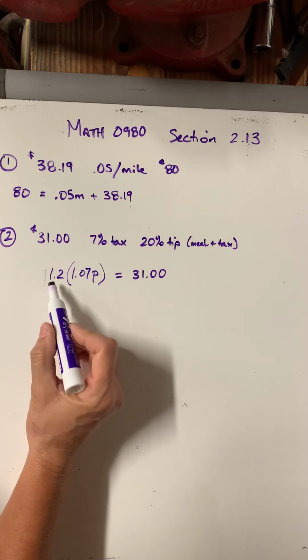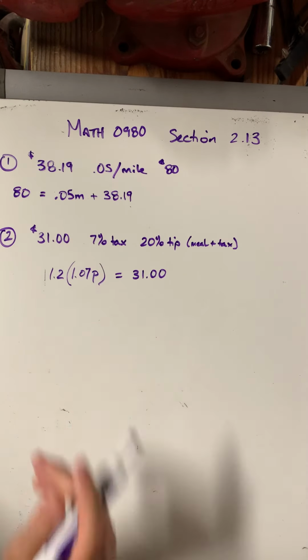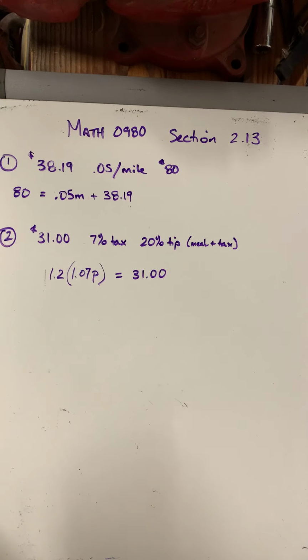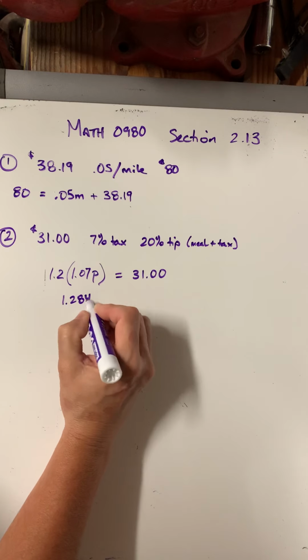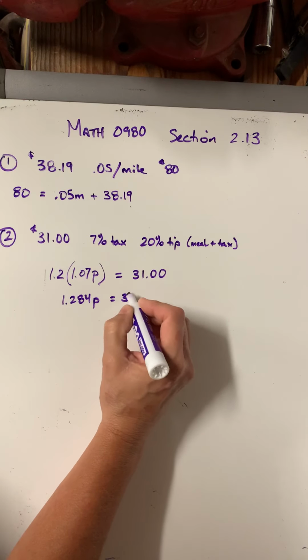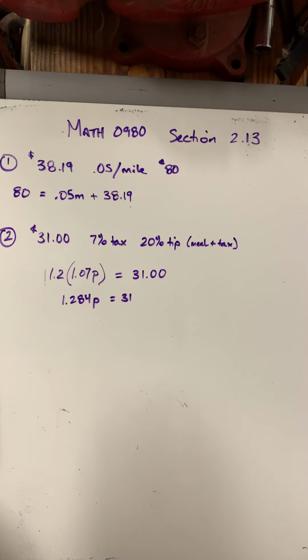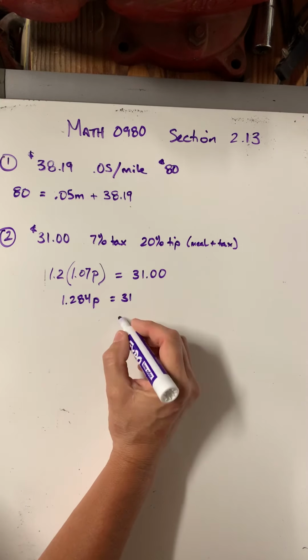So this would be the setup. I would multiply 1.2 times 1.07 first. So we can go ahead and solve this one together. 1.2 times 1.07 is 1.284. P equals 31. And then divide to get the P by itself.